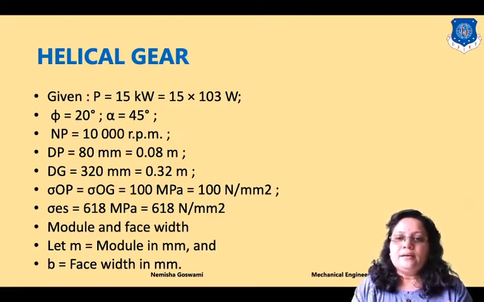The allowable strength of gear and pinion is equal to 100 megapascal, so this is equal to 100 Newton per mm square. Similarly, sigma ES is equal to 618 megapascal, and we have to find the module and face width. So now we are taking M to indicate module and b to indicate face width in mm, right?